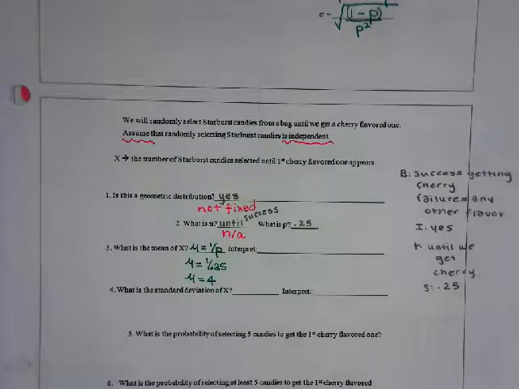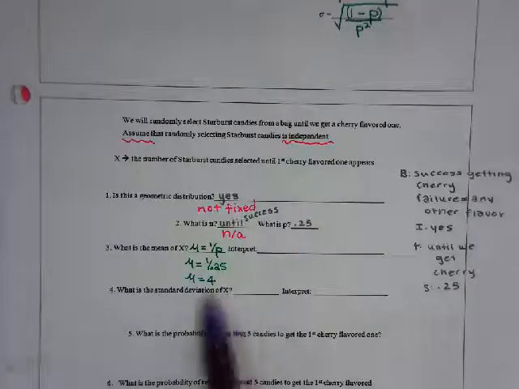Quiet back down, please. So, when we interpret, remember, we say something like, on average, it would take us 4 Starburst candies until we get that first cherry. I'm going to abbreviate average because I'm lazy.